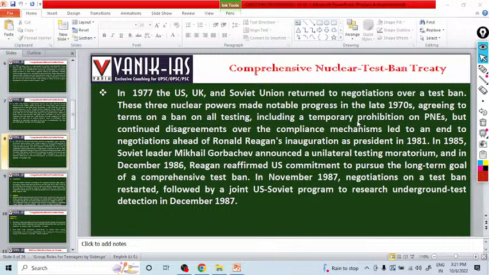In 1985, Soviet leader Mikhail Gorbachev announced a unilateral testing moratorium, and in December 1986, Reagan reaffirmed the US commitment to pursue the long-term goal of a comprehensive test ban. In November 1987, negotiations on a test ban restarted, followed by a joint US-Soviet program to reach underground test detection in December 1987. This is the process of negotiation before the CTBT was signed.